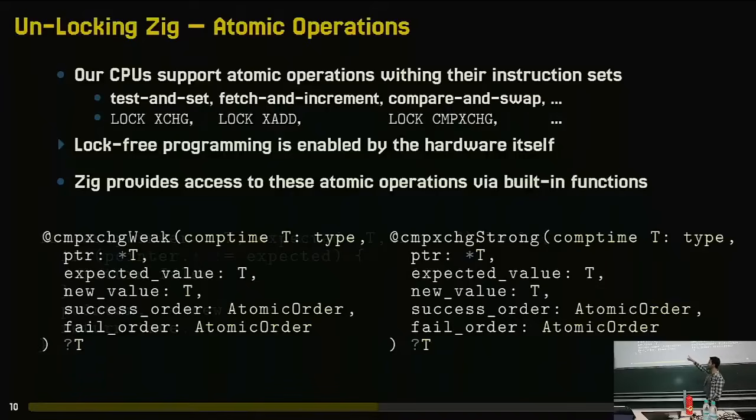But with compare and swap weak, the swapping operation can be successful, but it is possible that the atomic operation still fails despite really being successful. I think this is only the case on older ARM instruction sets, so don't worry about that.